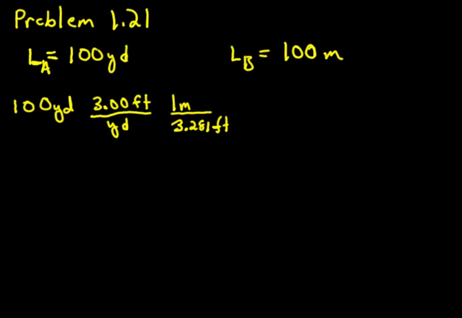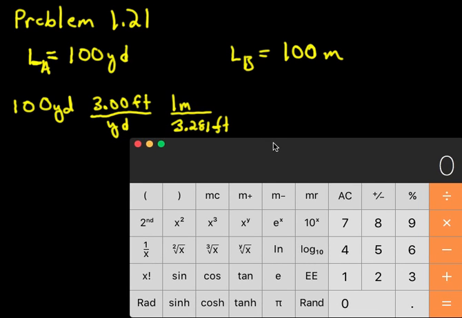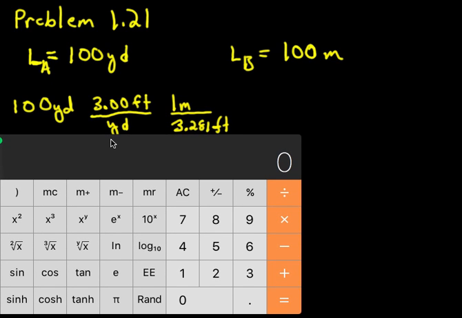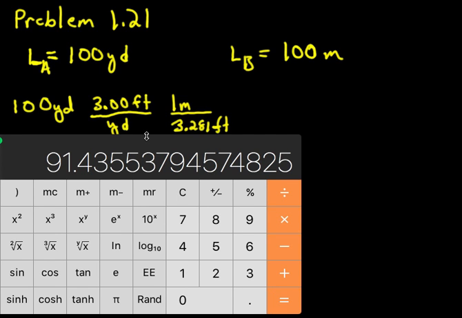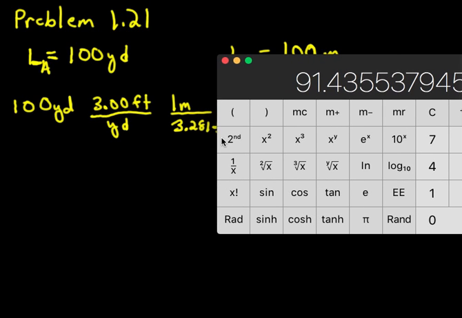And so what I want to do here is bring in my calculator. Clear out my numbers. I'm going to take 100 times 3 and divide by 3.281, and that equals 91.44 meters.